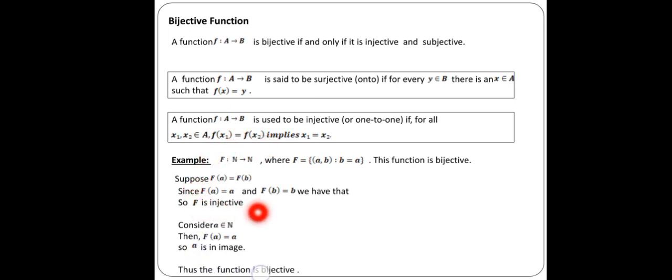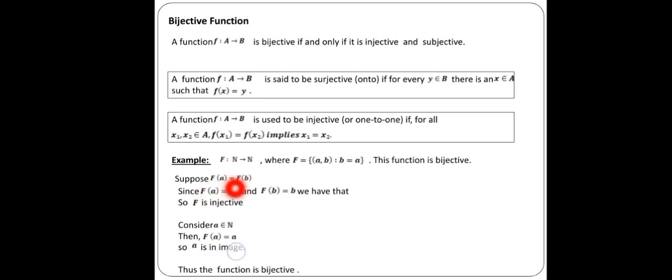So we have here an example for bijective. We have here an example of a bijective function f from natural numbers to natural numbers, where f of a is equal to a. So this function is bijective.